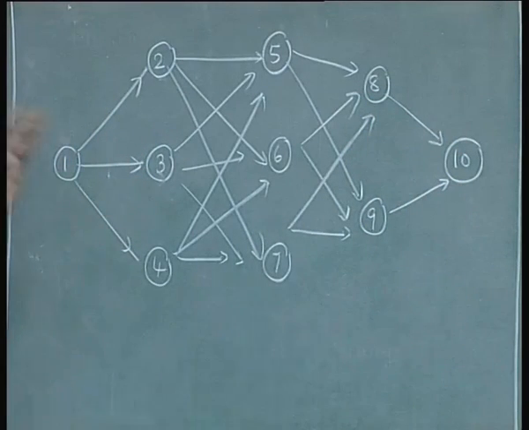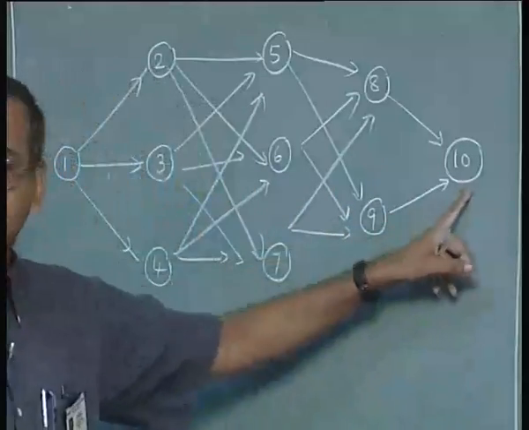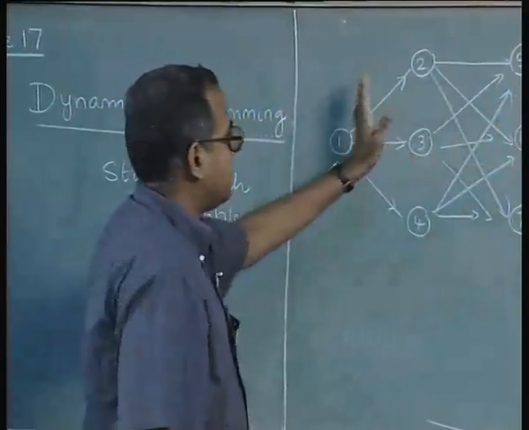Now we have 10 nodes or 10 cities. The person is right now at the start node, city 1, and wishes to go to the destination node, city 10. This is the network that is connecting the nodes.